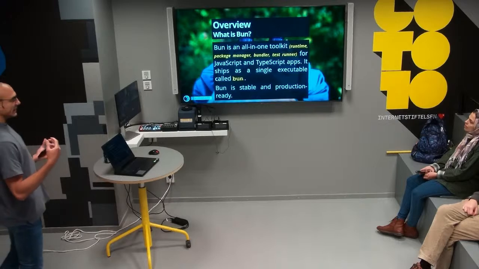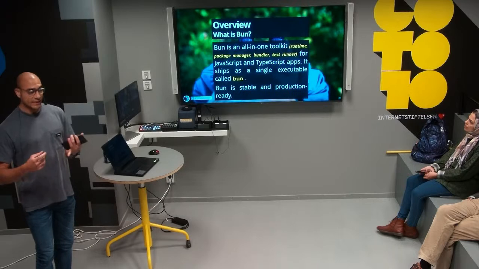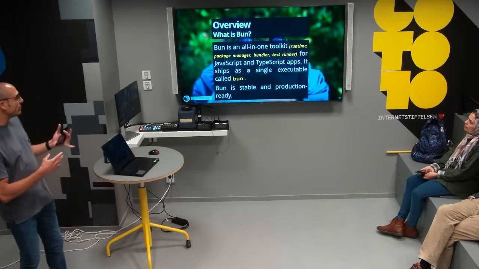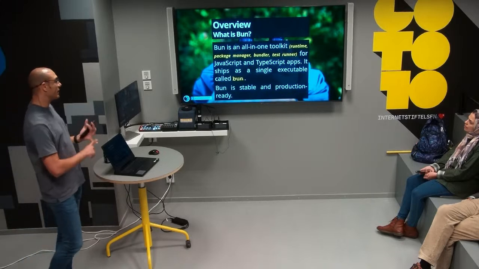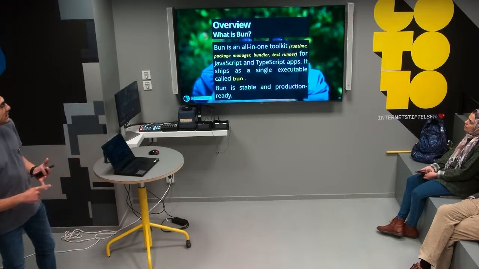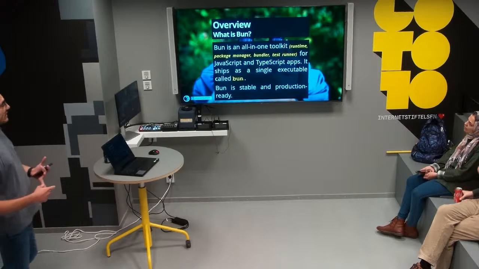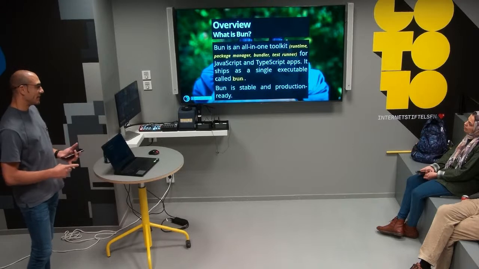We need to choose a lot of things because Node only gives us a runtime, a good one, but there is nothing else. But Bun has everything for us. It gives us the runtime, the package manager, the bundler, and the test runner. So we don't have to choose. Everything is integrated, and is behind just one executable called bun, and that is all.